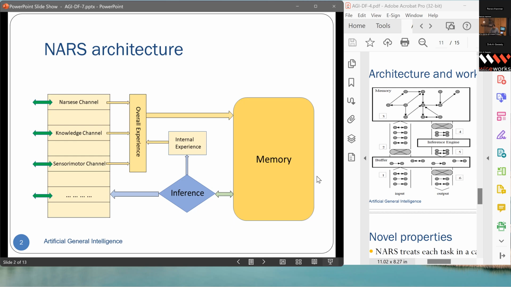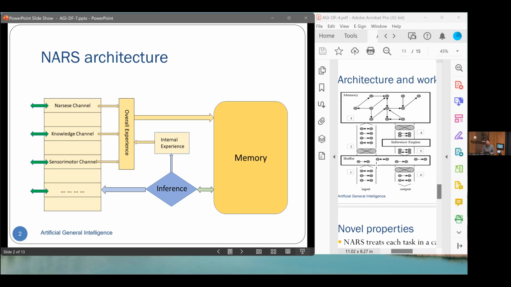Another major change is that previously we only had one buffer, and the function of the previous buffer was pretty straightforward. It just serves as some kind of filter. Because of the assumption of insufficient knowledge and resources, the system cannot and will not try to handle all input and derive all the conclusions.